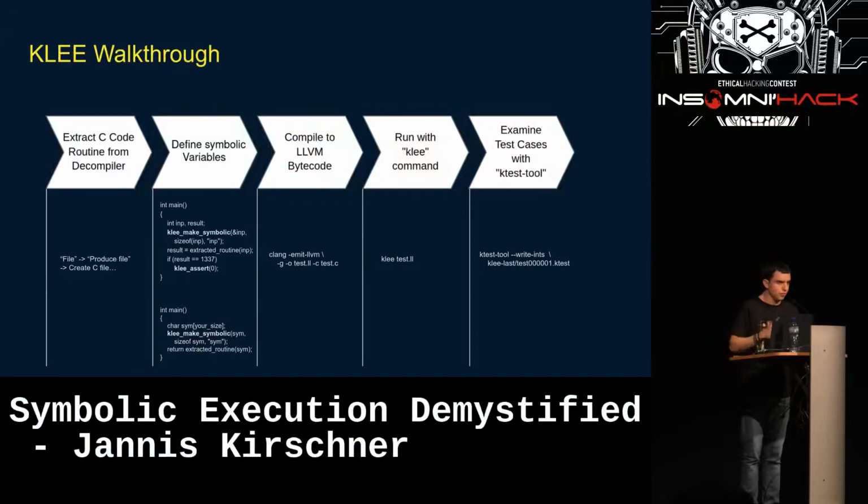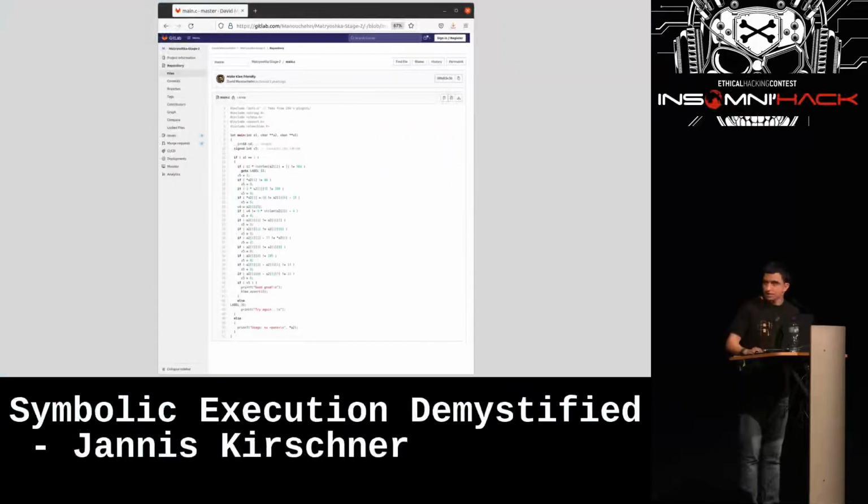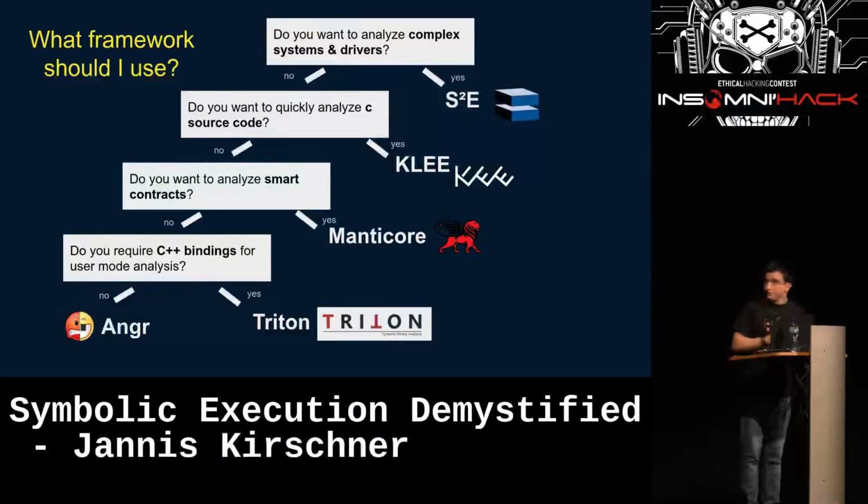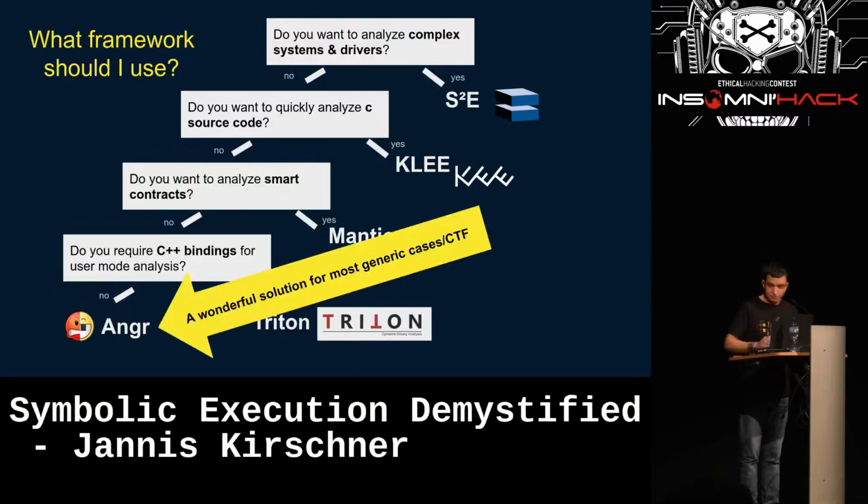You just have to mark your variables as symbolic. You can put some assertion in it, and basically you're done. But the downside is that you need to have access to the source code. So not a lot of code. As you can see, there are lots of different tools for lots of different jobs, but generally the angr framework is best for CTF.